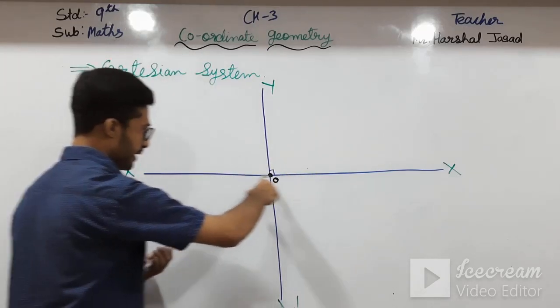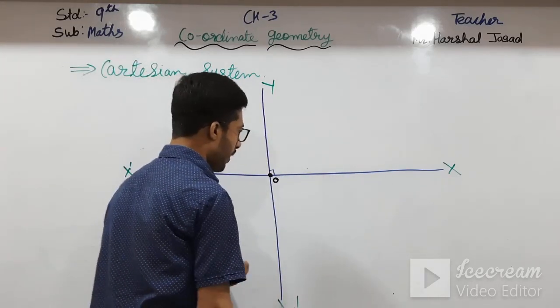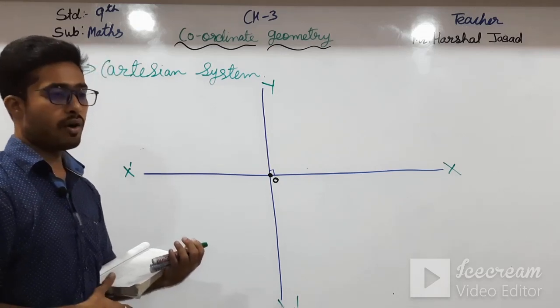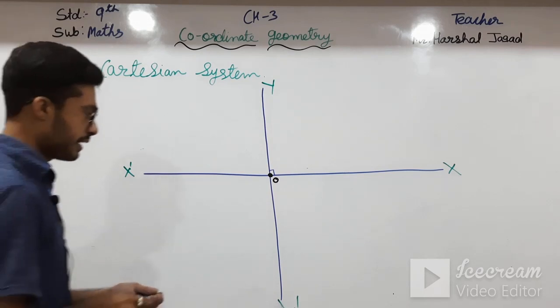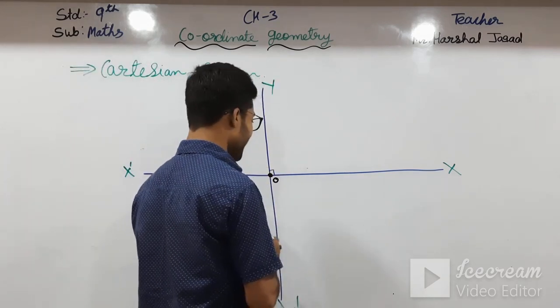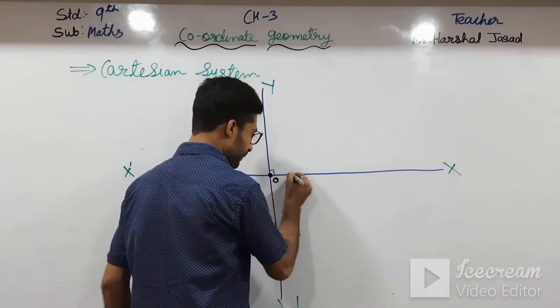Okay students, this is known as the x axis, this is known as the y axis, and we all know there are some positive numbers and negative numbers. See here, I am giving the names over here.